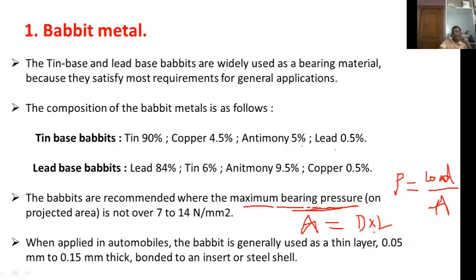So diameter of a bearing into width of a bearing is called area, and this is the load acting on the shaft or bearing. Load in newtons and area in mm square, that's why bearing pressure is in newton per mm square, that is also in megapascal or in pascals.